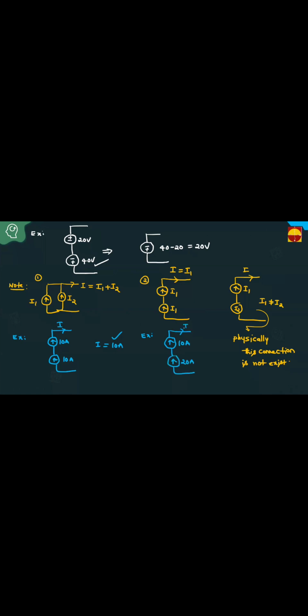Can anybody tell what is I? Physically, this connection does not exist. Why? Two different currents. This connection does not exist.